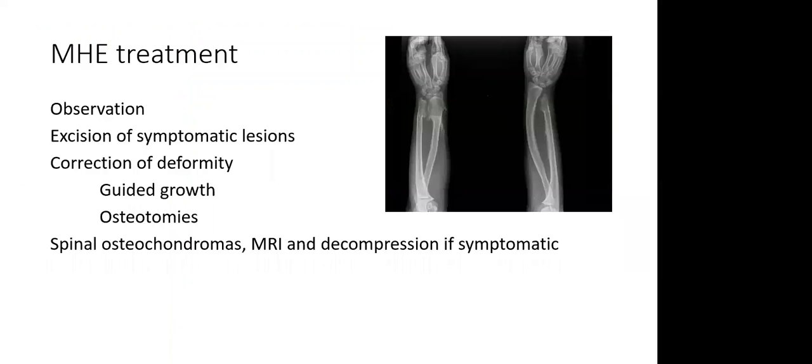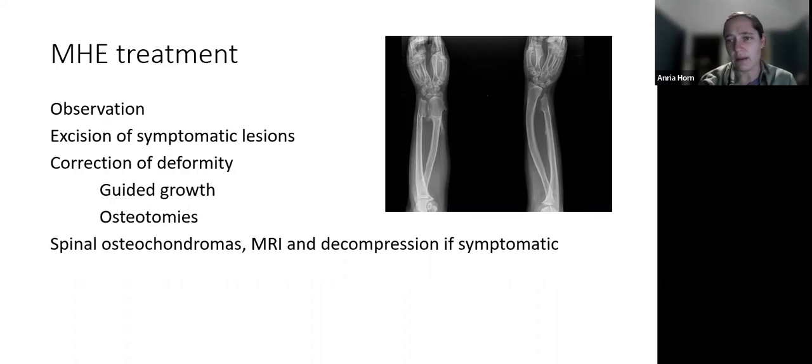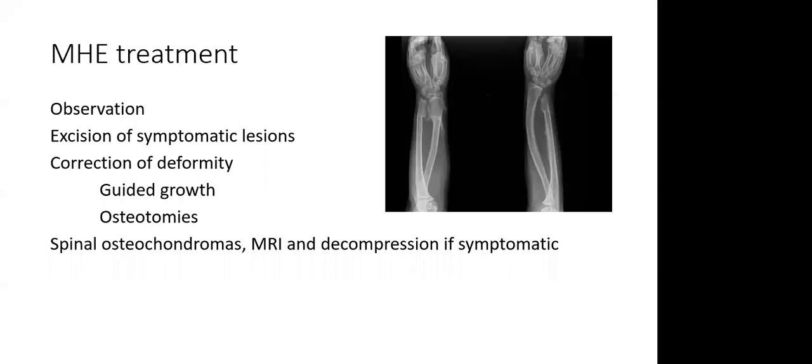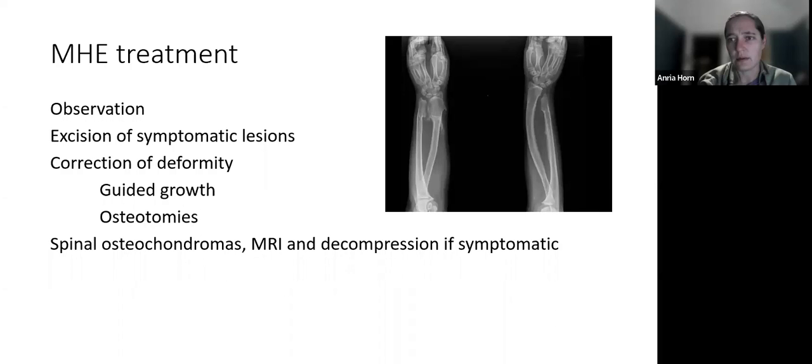In terms of MHE, in terms of the follow-up, from my understanding, it's a little bit difficult to figure out how often to follow them up before they reach skeletal maturity. So I'd follow them up annually, just to check.